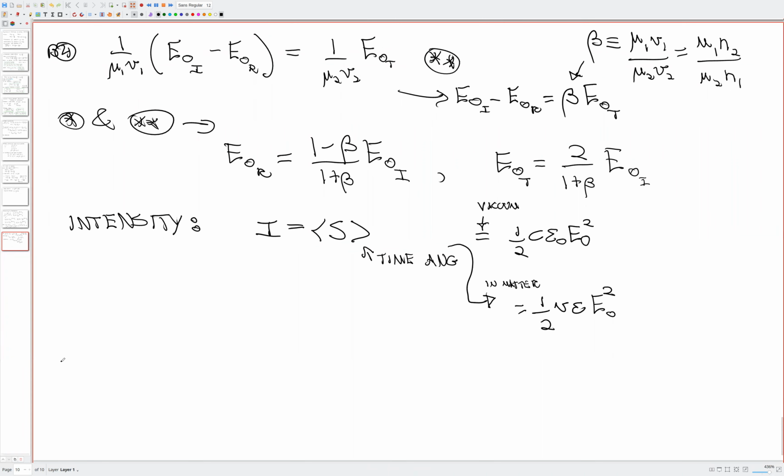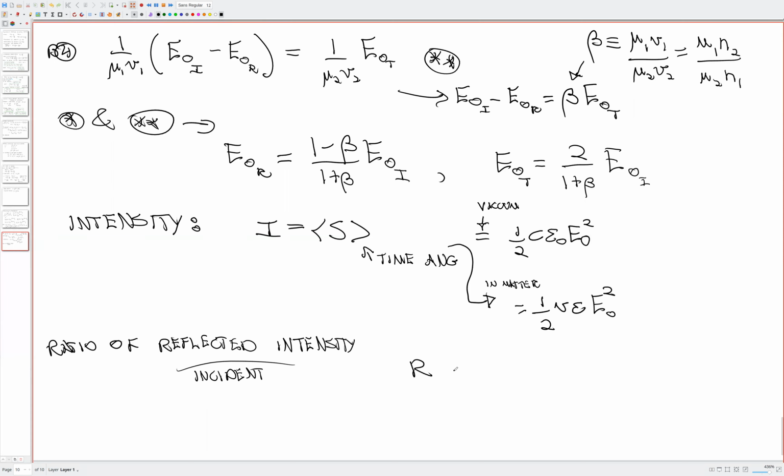Now we can consider the ratio of reflected intensity over incident one.